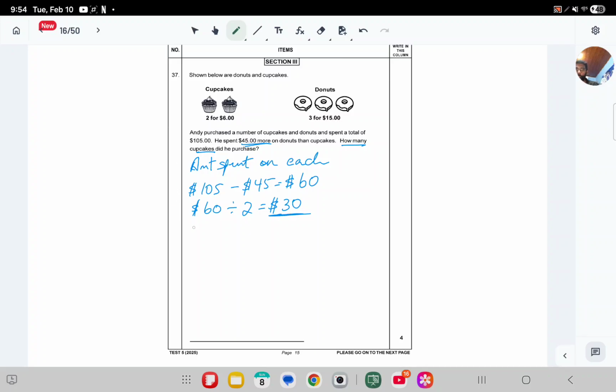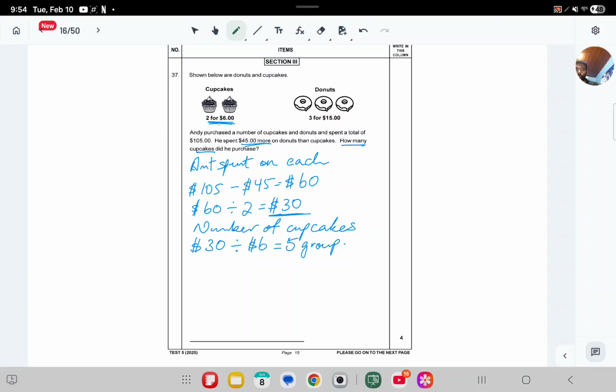So we know now we want to calculate the number of cupcakes. The cupcakes are being sold for two for $6. Alright. You spent $30, so that's 30 divided by $6 to find out how many groups of 6 we got. That'll be 5 groups.